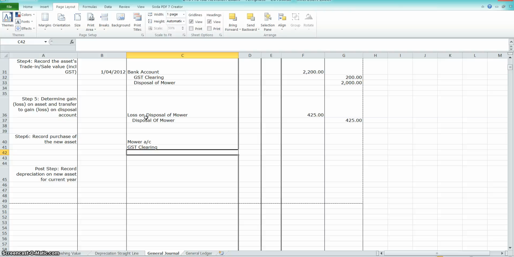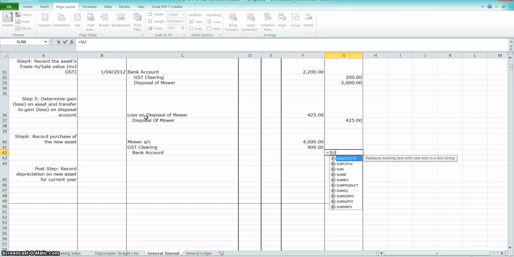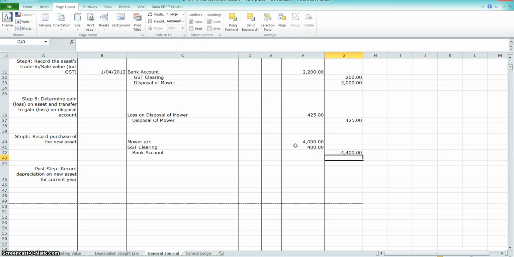So in this one we paid in cash for the new one, so we'd use our bank account. The mower cost us $4,400, so $4,000 is the value of the mower, $400 is the value of GST, and those together add up to what we would have paid for out of our bank account. Okay.